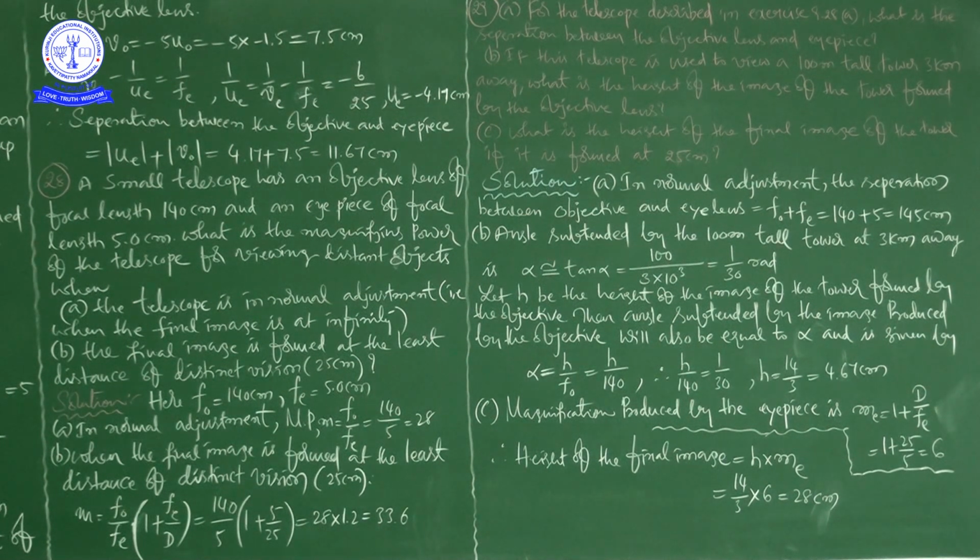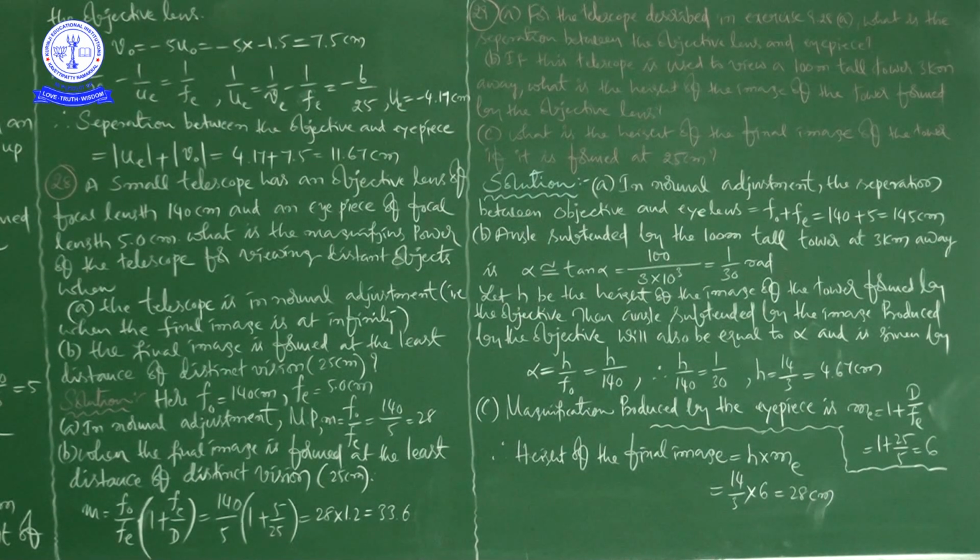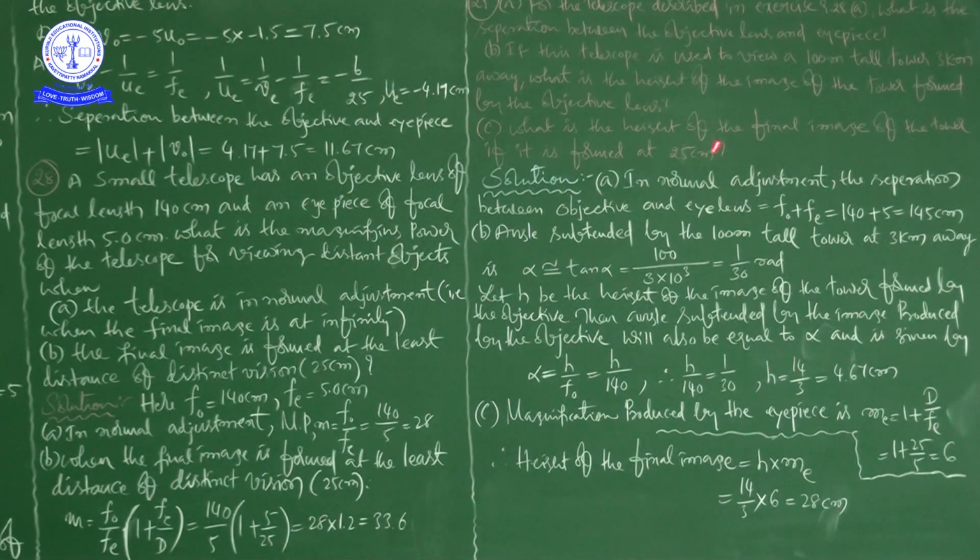Next, problem 29 is also linked to the 28th problem. In the first case, in normal adjustment, the separation between the objective and eyepiece, that is f_0 plus f_e, came as 145 centimeters. In B, he asked to find the height of the image of the tower formed by the objective lens.